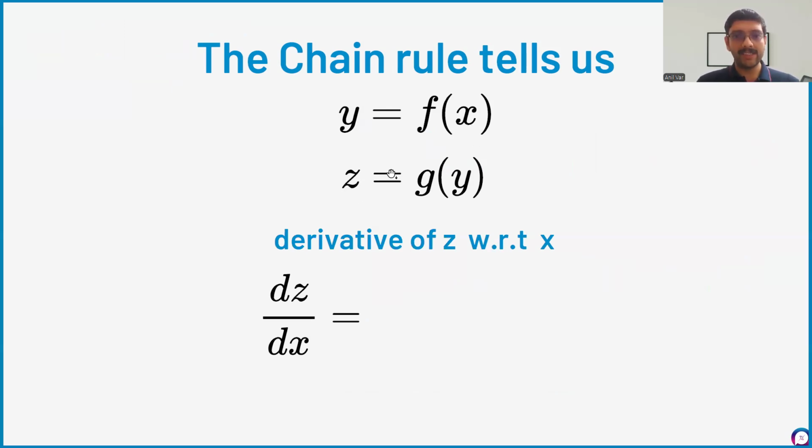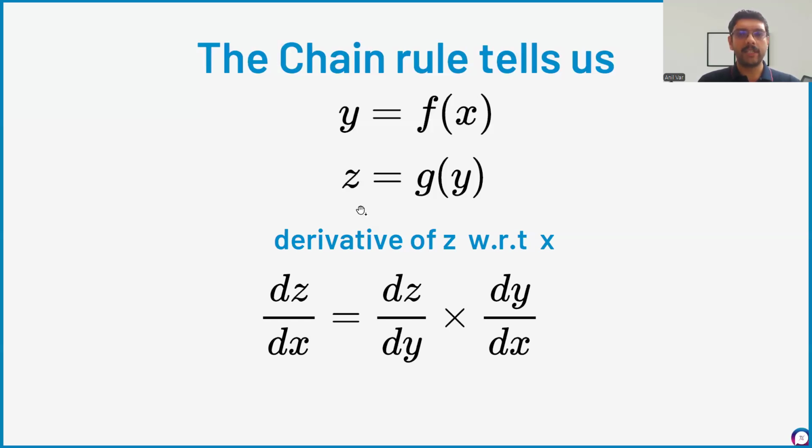If you want to try and find its sensitivity with respect to x, you can say the derivative of z with respect to x is equal to the derivative of z with respect to y times the derivative of y with respect to x. So you can differentiate these two functions with respect to the variables that show up explicitly, and in turn, by chaining the derivatives together, get the derivative of z with respect to x.